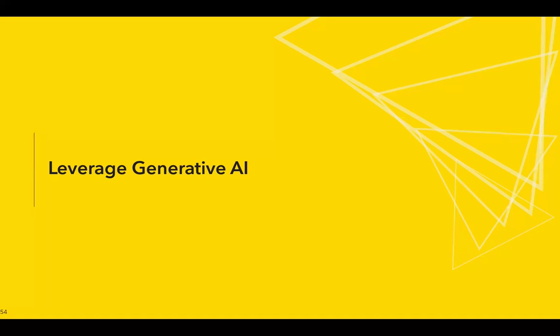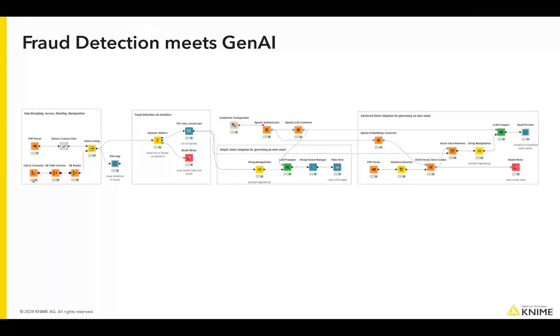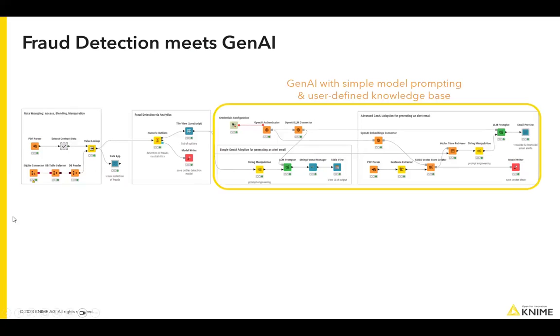Now, in the other part where we're going to talk about GenAI, we're going to have a look at the second part of what we're going to do today in the hands-on session. We have done the first part, where we talked about importing the data and using visual and statistical techniques.